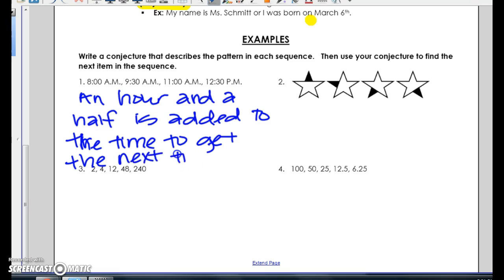So following that conjecture, the last item in the pattern is 12:30. So if I were to add an hour and a half onto that, we're looking at 2 o'clock p.m.